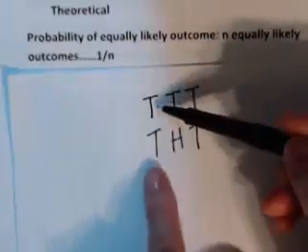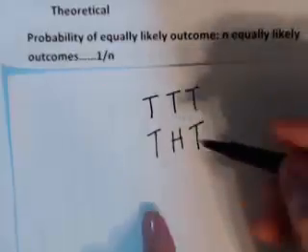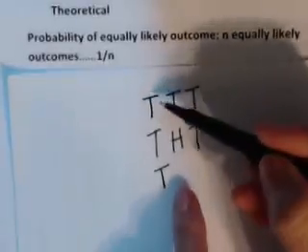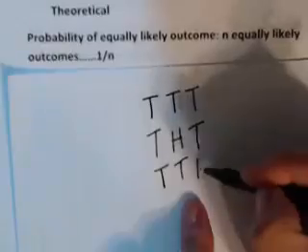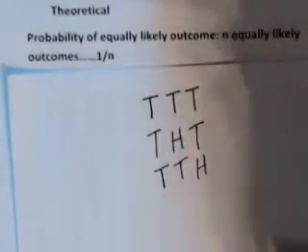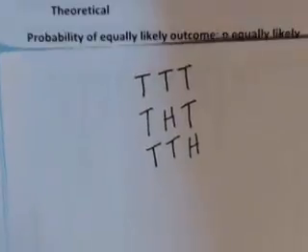So I'm keeping the first and the last the same and only changing the middle. Then I'm going to keep the first and the second the same and only change the last. That gets me the combinations that could occur if the first coin is tails.